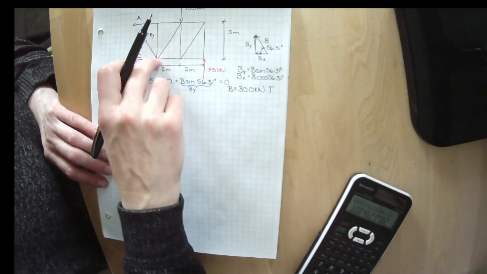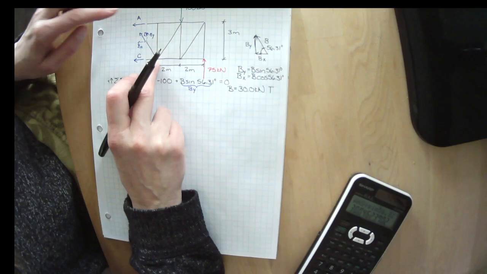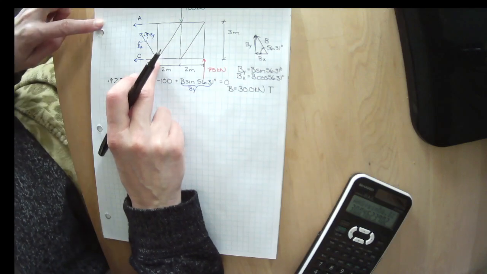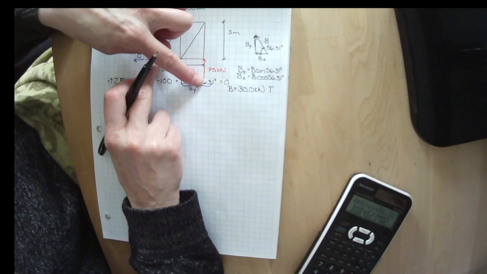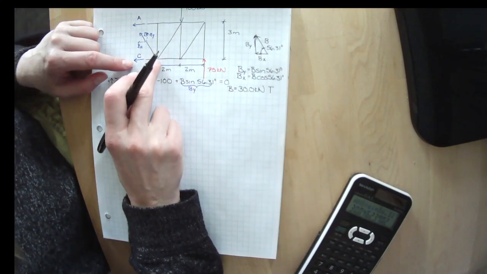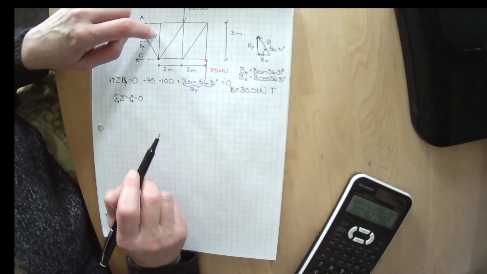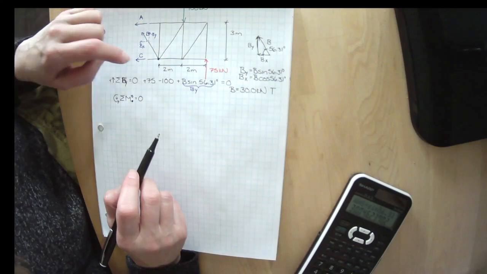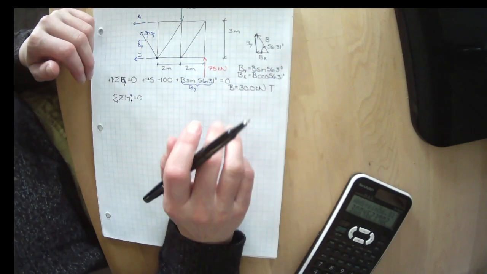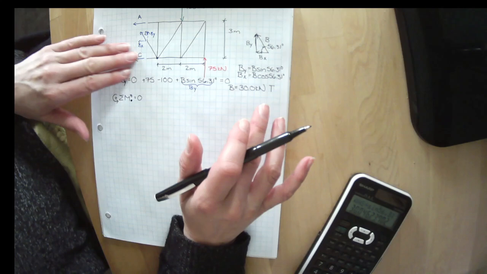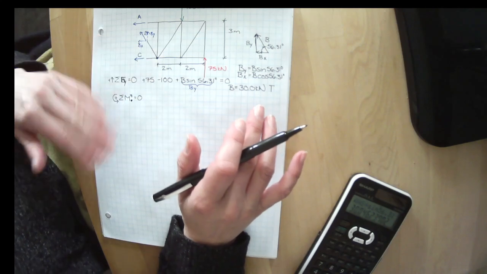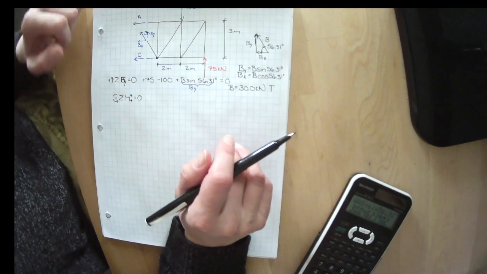It doesn't cause it to spin about that point if I put a thumbtack right there. A does, 100 kilonewtons does, and 75 kilonewtons does. But look, I managed to not have to deal with 3 unknowns. I know we've already solved for B, but how easy would it be if I didn't have to worry about the funny one that's going in 2 different directions?